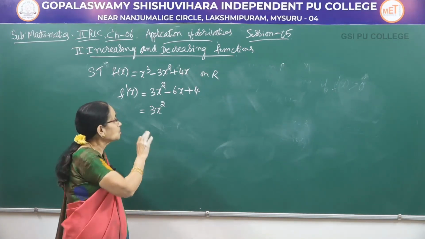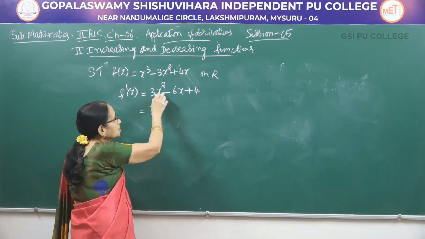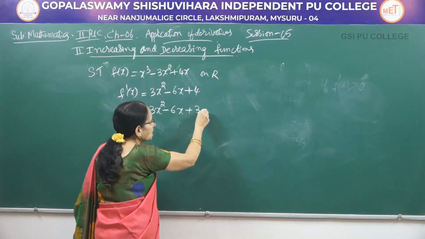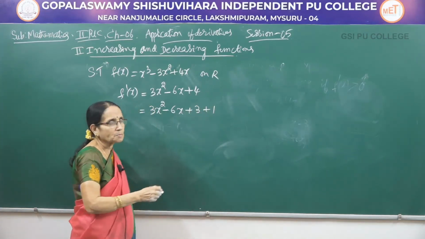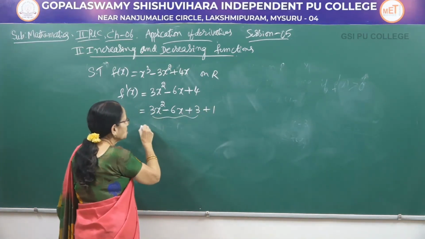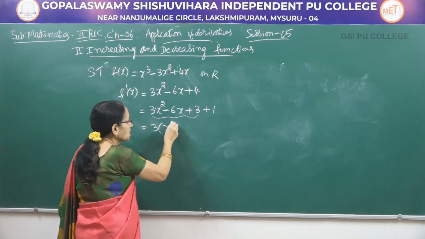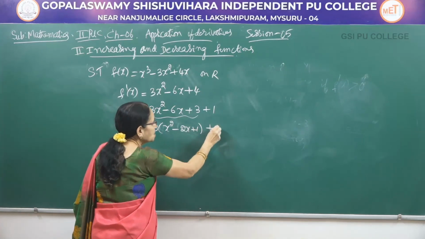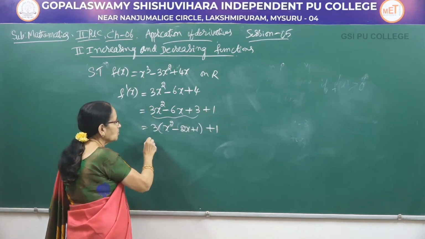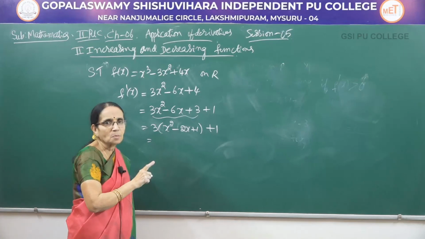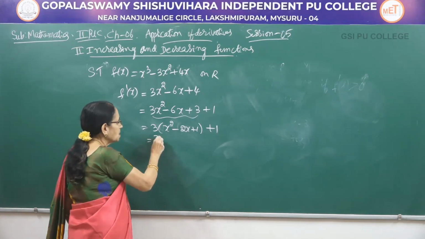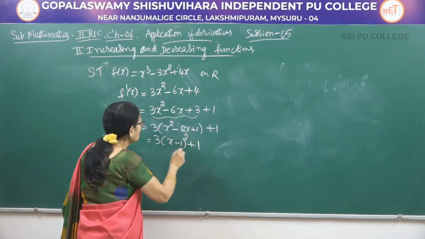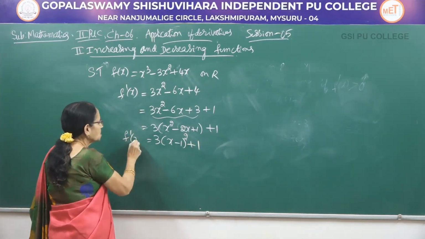For that, you have to rearrange the terms here. 3x square minus 6x, this 4 you write as 3 plus 1. Now, out of these 3, you take out a common factor, x square minus 2x plus 1, and write this one separately. What is this equal to? a square minus 2ab plus b square, that is, it is 3 into x minus 1 the whole square. This is f dash x.